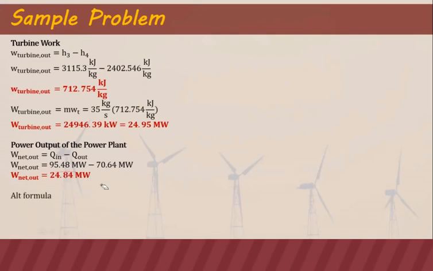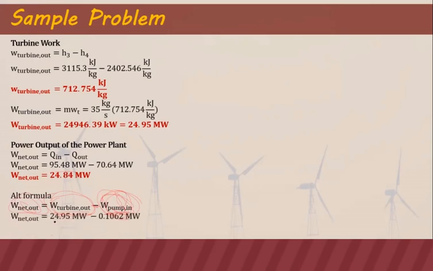Or we can also use an alternative formula, which is the difference between the turbine output and the pump power input. So you can see, whatever you produce in the turbine, you will get a fraction of that power to run the pump, right? So the pump cannot run on its own. Unlike the turbine, you have to plug it into an electrical source. That's why we have to subtract it. So the net of the power plant can also be computed as the work of the turbine output minus the input in the pump to run the pump.